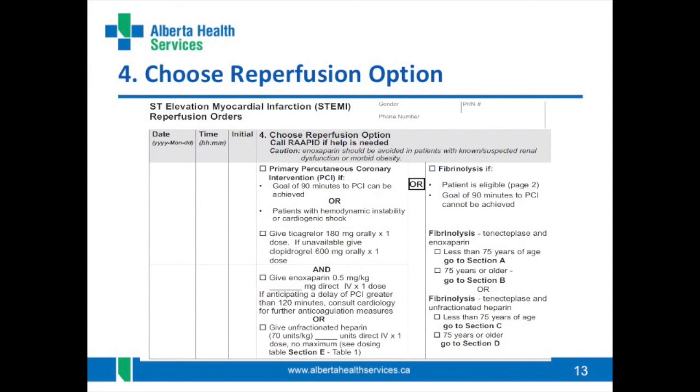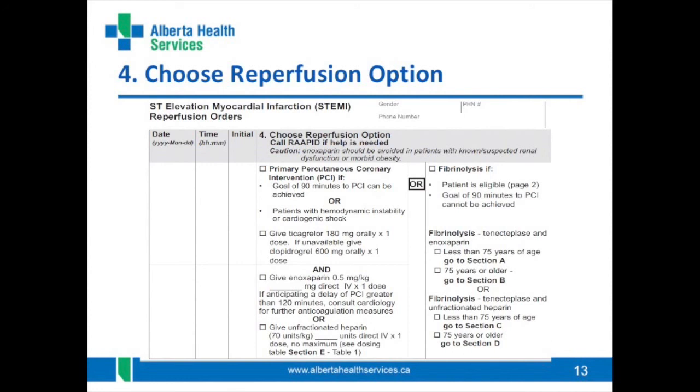Let's say that you're not a candidate for fibrinolysis, so you have an absolute contraindication, or we think that you can get that patient quickly to the cath lab. Then we would go down the primary PCI strategy with the goal of 90 minutes to PCI.